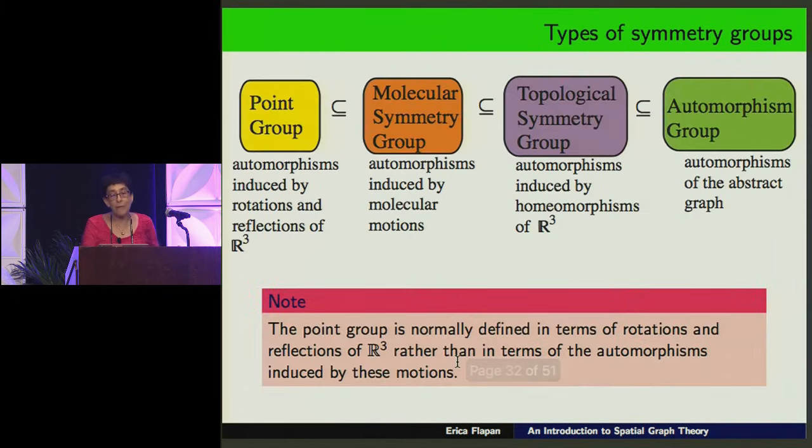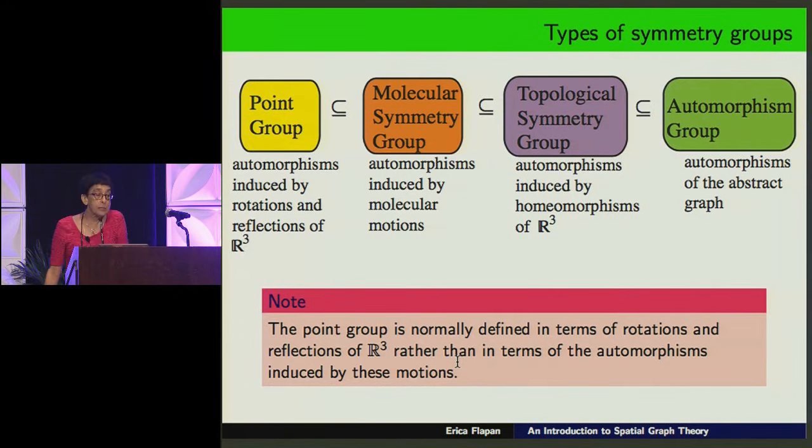So in general, we have this list of containments. So the point group, I'm going to think of that as the group of automorphisms of the abstract graph induced by rotation and reflections of the graph in space. Now realize that this is not the technical definition that I gave you before of chemists. We're describing it in terms of automorphisms to make these groups contained in one another so we can compare them.